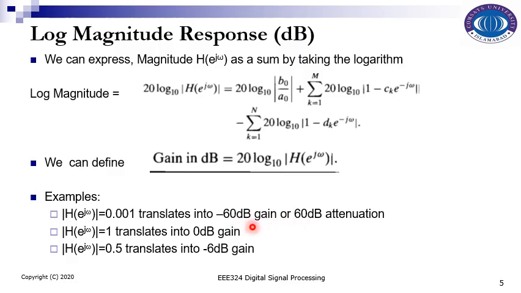So the system has a minus 60 dB gain or a 60 dB attenuation. In another example, if the magnitude response is 1, this becomes 0 dB gain, since log of 1 is 0, and for magnitude 0.5, the result is minus 6 dB gain or 6 dB attenuation.